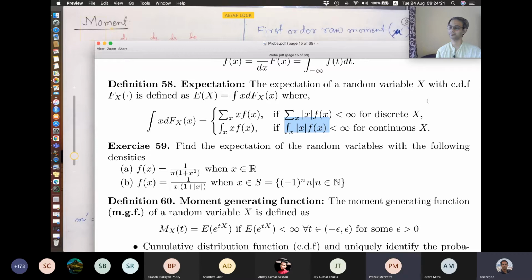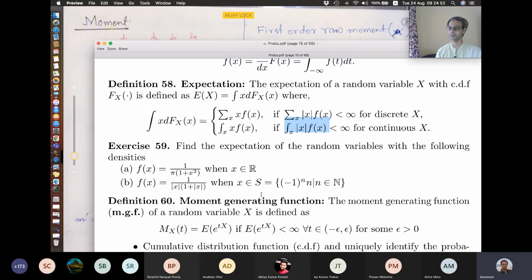Sir, the PDF tends to 0 as x tends to infinity. Of course, the PDF must go to 0 as x goes to infinity, otherwise it will not be a summable series. That is correct. But why this absolute value? Take the second example.